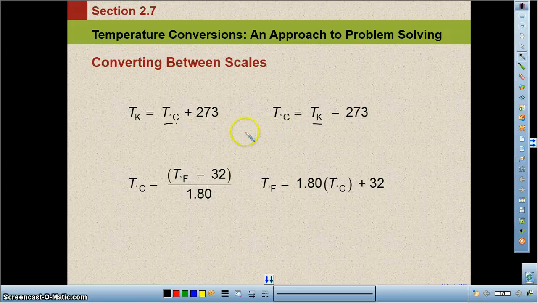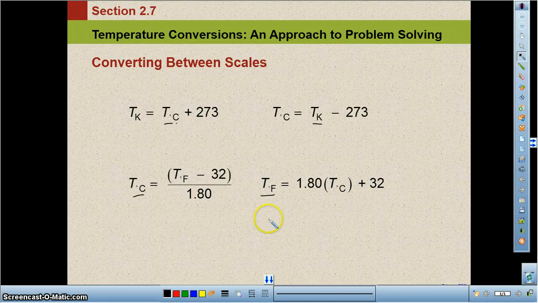These are easy to memorize, and this is just an easy algebra manipulation to get from this formula to this one. Down here, if we want degrees Celsius and we have Fahrenheit, we're going to use this formula. And if we want Fahrenheit and have Celsius, we're going to use this formula.